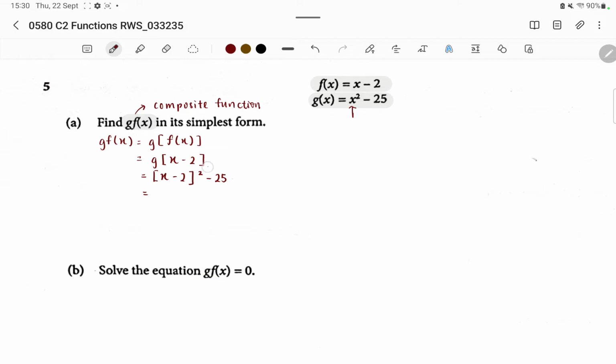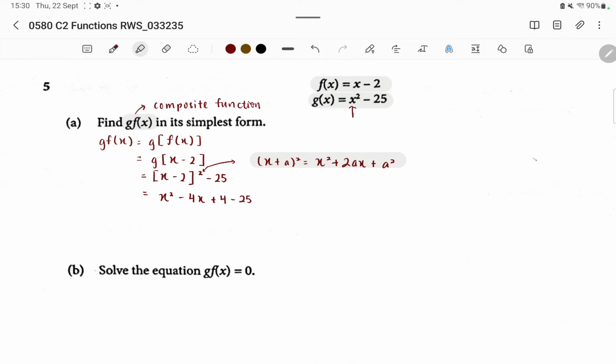Try to open up, remove the square sign first. So for (x plus a) squared, we can use x squared plus 2ax plus a squared. So x squared minus 4x plus 4, and then minus 25.